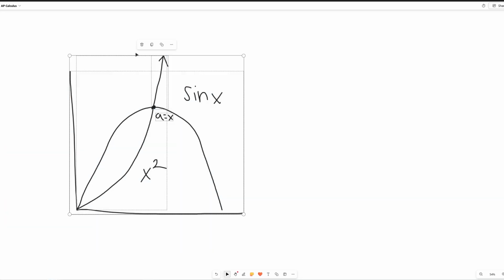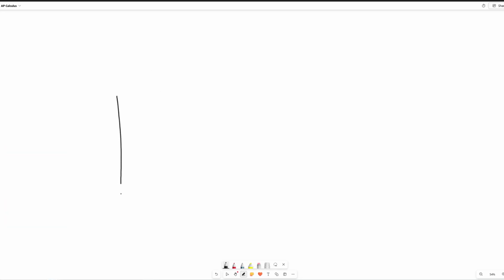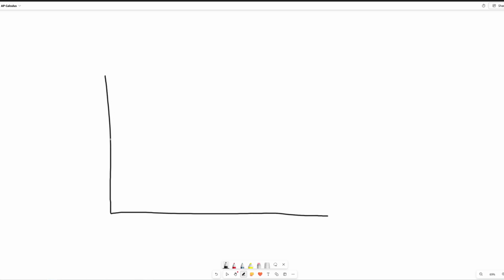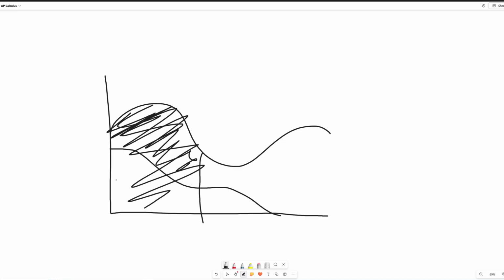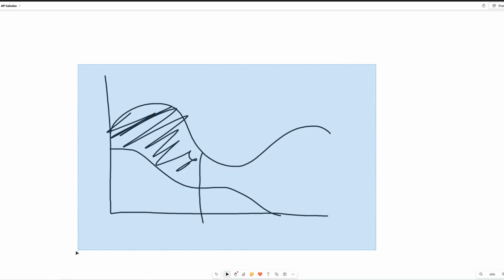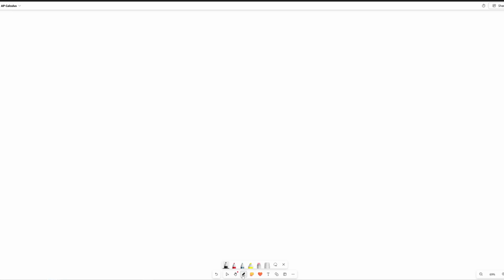So, just to reiterate, if you have some sort of function above another function, and you want to find the area between the two functions, you just take the area of the top one subtracted by the area of the bottom one on whatever interval you want to find. Alright, now we're going to look at some of the less intuitive stuff.